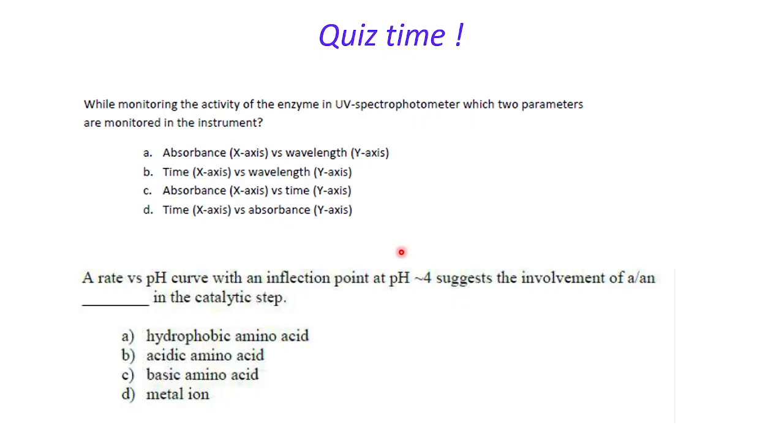Next, a rate versus pH curve with an inflection point at pH 4 suggests the involvement of a or an dash in the catalytic step. Hydrophobic amino acid, acidic, basic, or metal ion.